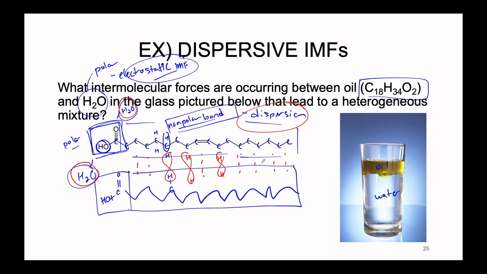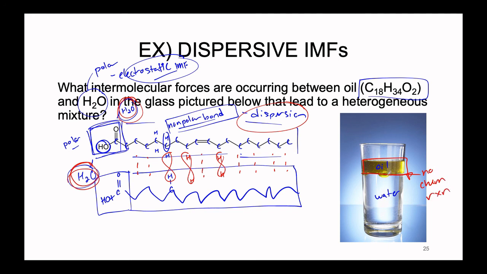So oil is going to want to stick with oil, hence why we see oil floating on top of the surface of water. Now, oil and water can, again, somewhat interact with each other. It's not to say that the interactions between these little polar sections of the oil molecules and the water are completely non-existent. That's what allows for this stable interaction between oil and water. We do not see a chemical reaction occur between oil and water.